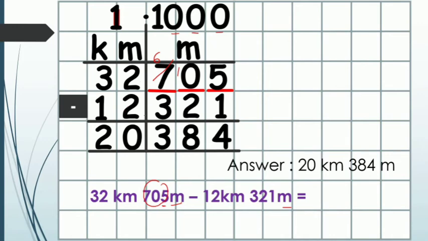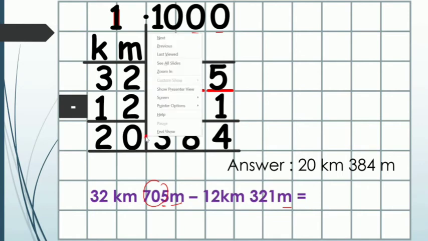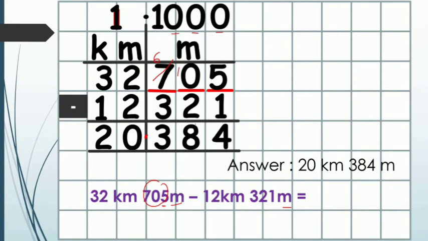Okay, just now as teacher said, we can find 3 types of answer when we are doing the T method, right? So now, this middle line is considered as the decimal point. When we write the answer with the decimal point, it shows you the biggest unit, right? So 20.384.